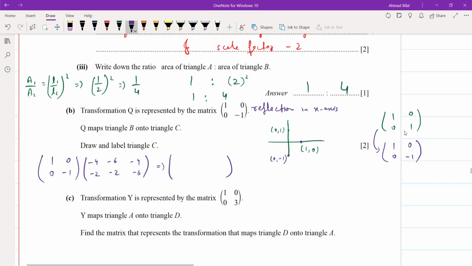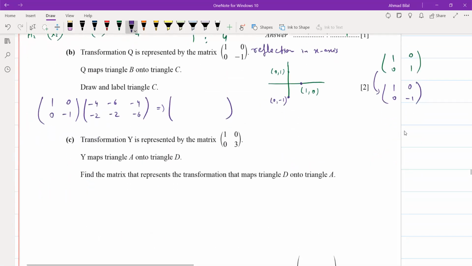Okay, now it says transformation Y is represented by this matrix: (1, 0; 0, 3). अब इसका मसला ये है कि हमें इस मैट्रिक्स का नहीं पता कि ये कौन सा होता है. राइट, इस तरह का मैट्रिक्स हमने नहीं किया हुआ. जितने मैट्रिसेस हमने किए थे उसके अंदर या तो 1, 0, 0, -1 ये 3 नंबर्स आ रहे होते थे, या फिर डायगोनल के ऊपर हमारे पास सेम नंबर्स होते थे. तो ये क्या कह रहा है?